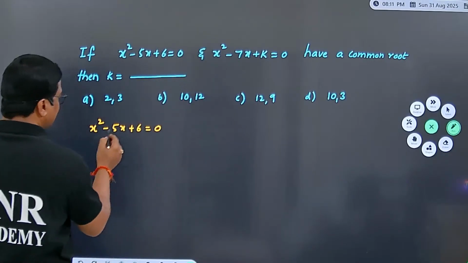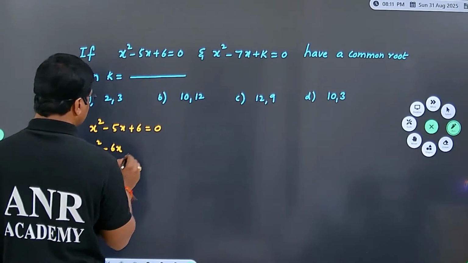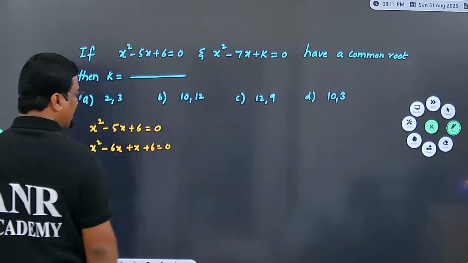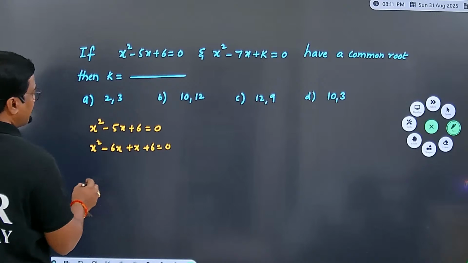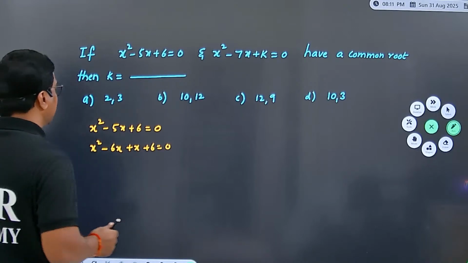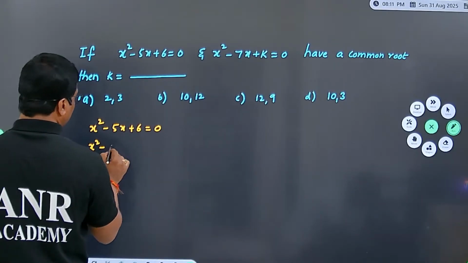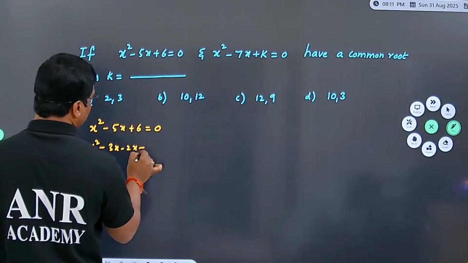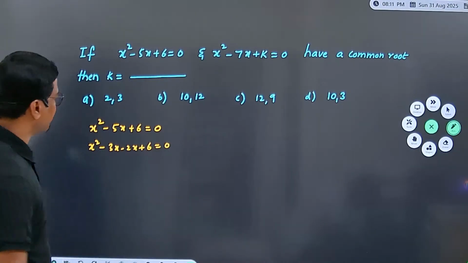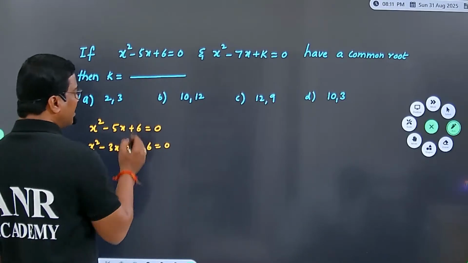Yes. x square minus 3x minus 2x plus 6 equal to 0, I can write. Separate minus 5x as minus 3x minus 2x. Sum of roots should be 5 and product of roots should be 6.